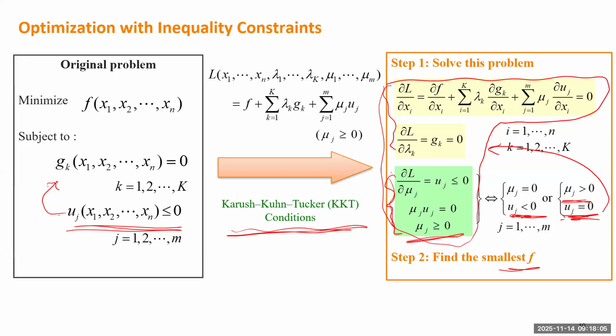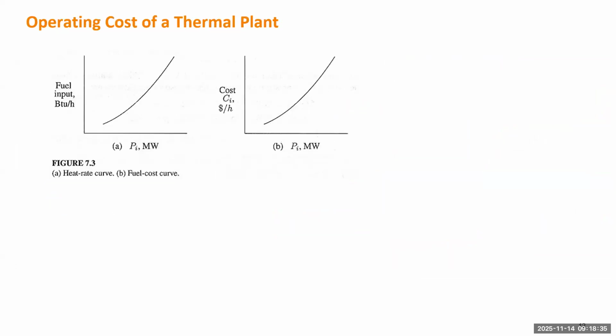If u is negative, which means the solution is inside the boundary defined by the inequality constraint, we can cross off that mu item from the original Lagrangian function. So this is what we learned. If you still feel this is confusing, when we go to the real example of a power system, it will be very clear. Okay, so now we are ready to talk about the power system.